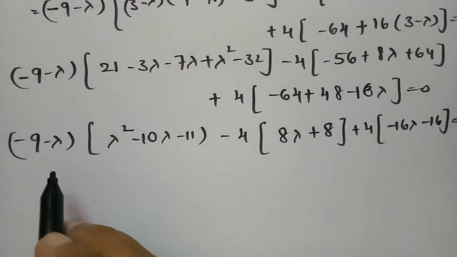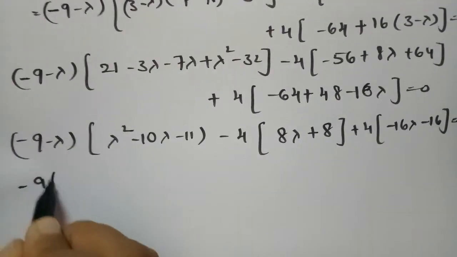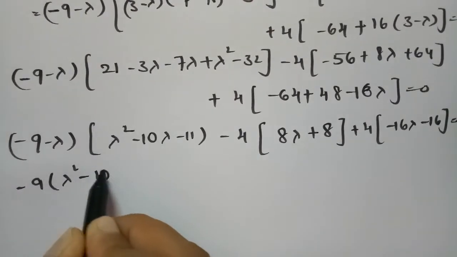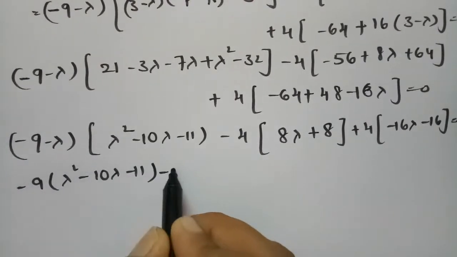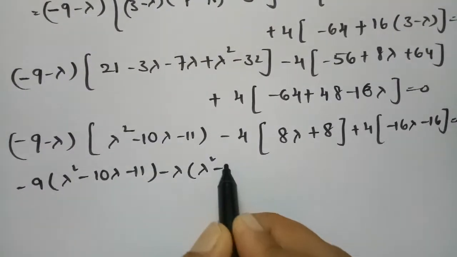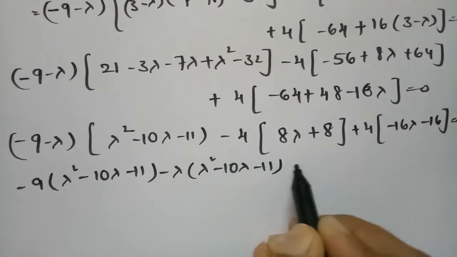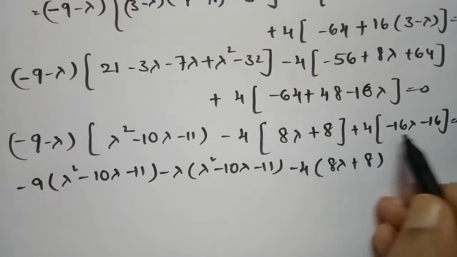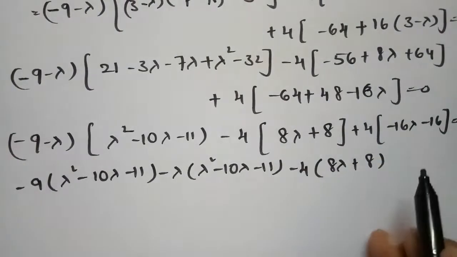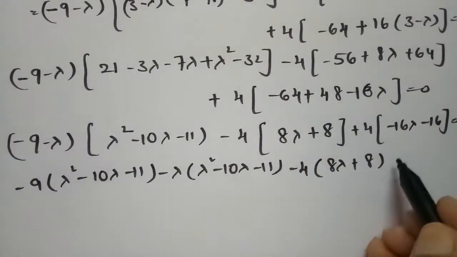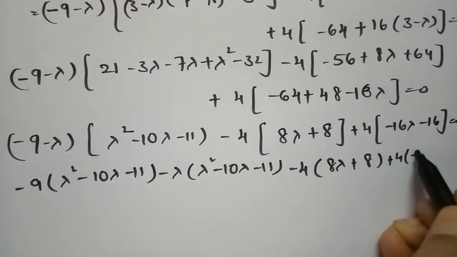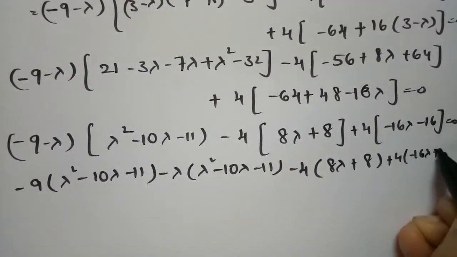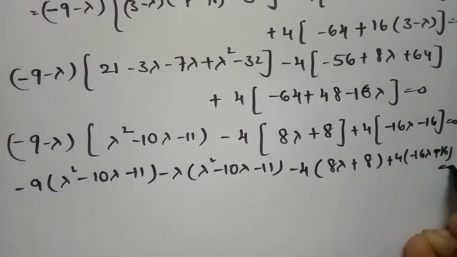So if I still multiply here with -9, so -9 times of lambda square minus 10 lambda minus 11, and minus lambda times of lambda square minus 10 lambda minus 11. This is 4 times of 8 lambda plus 8, and this one is 4 times of -16 lambda, so this is -16 is equal to 0.